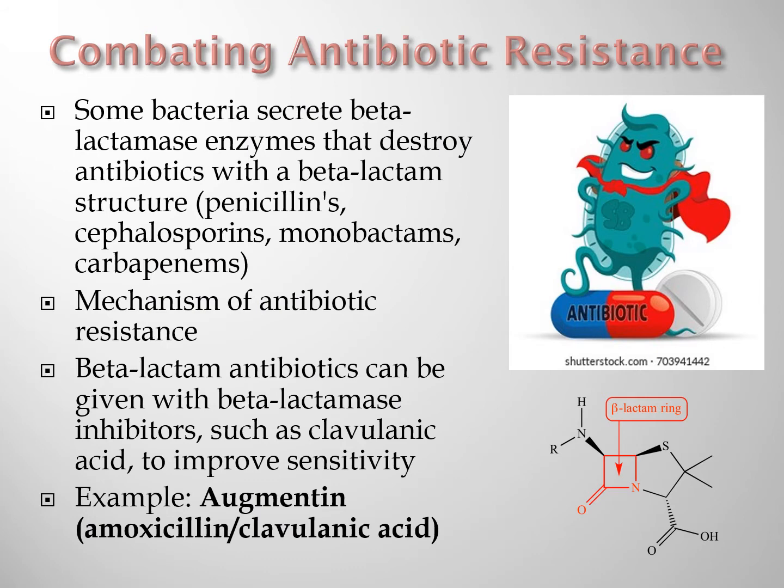Okay, so let's look at ways or a way to combat antibiotic resistance that occurs in bacteria. So we know that bacteria will become resistant to antibiotics if bacteria see similar antibiotics over and over again.